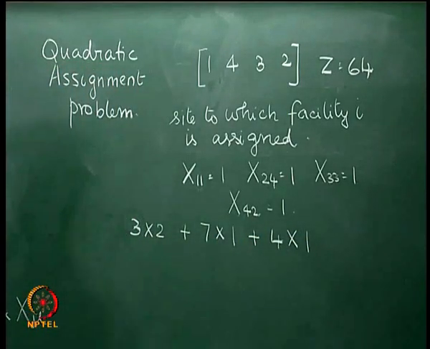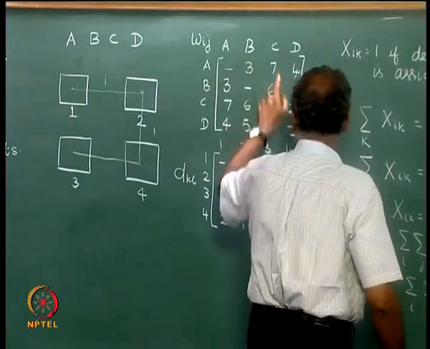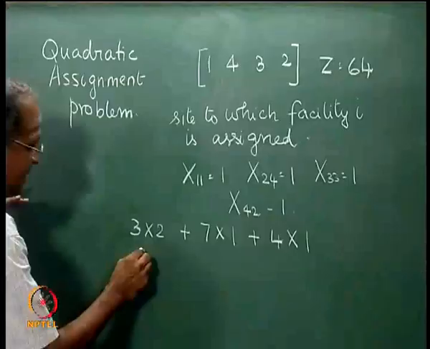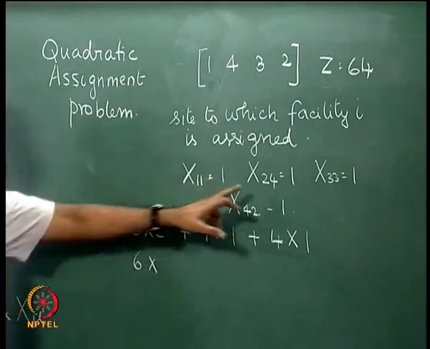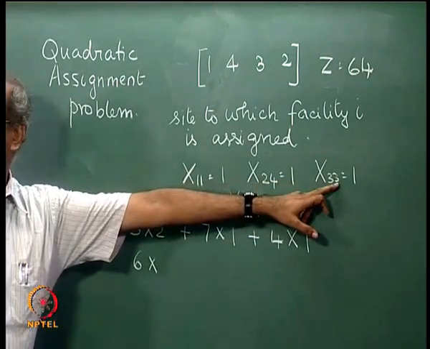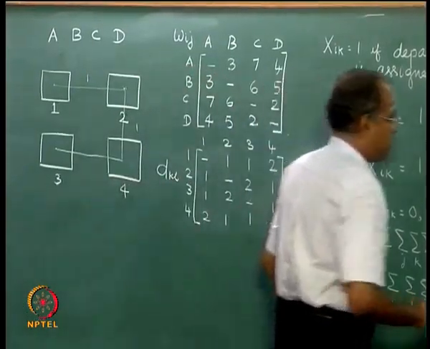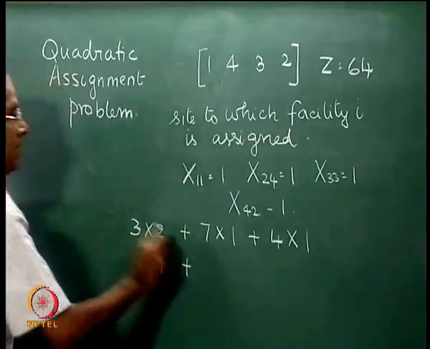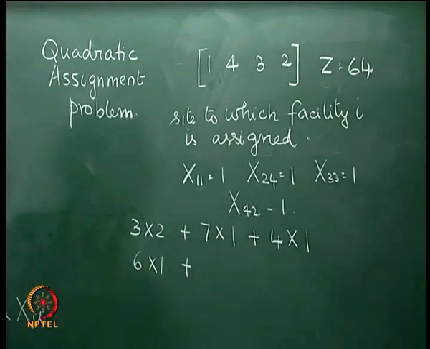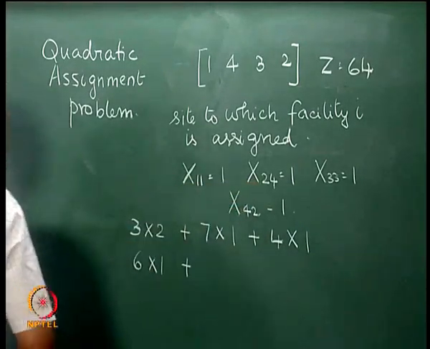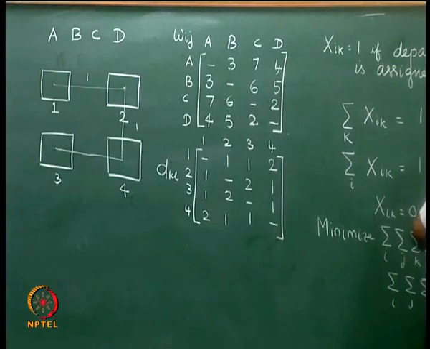Facilities 2 and 3 have weight equal to 6. 2 is allotted to site 4, 3 is allotted to site 3. So, distance between 3 and 4 is 1, plus facilities 2 and 4. So, 2 and 4 have weight equal to 5.